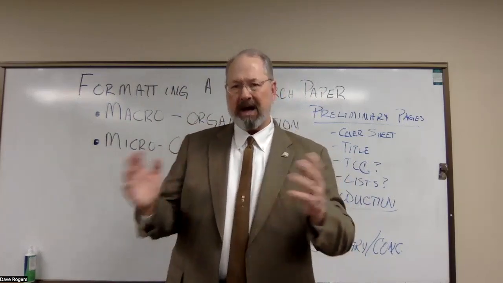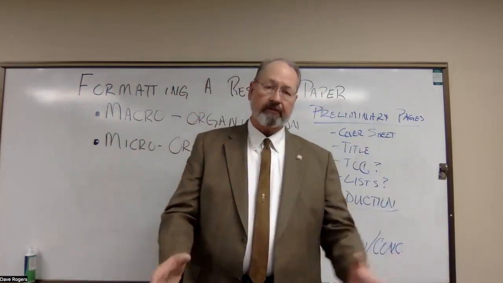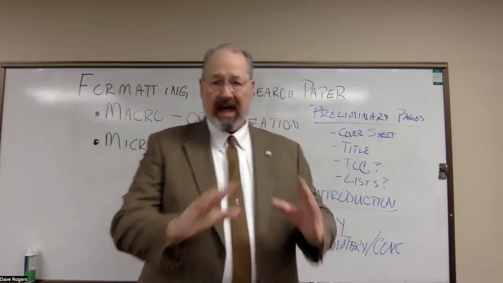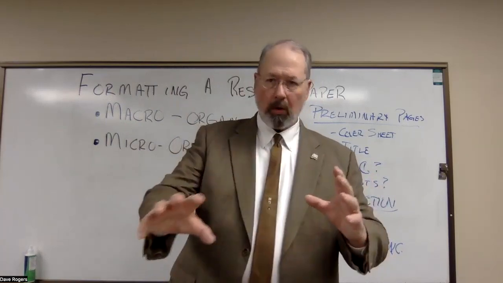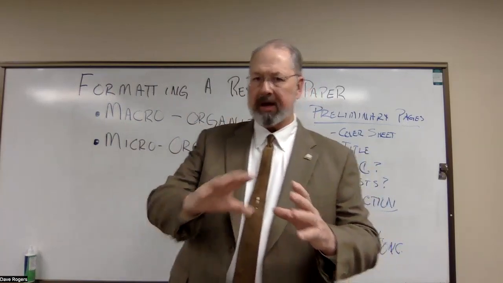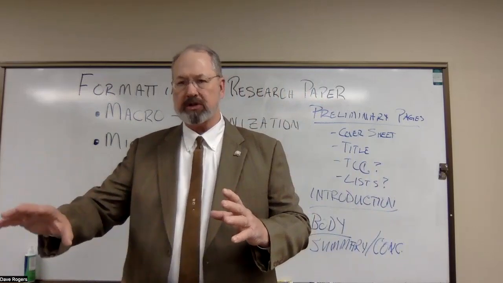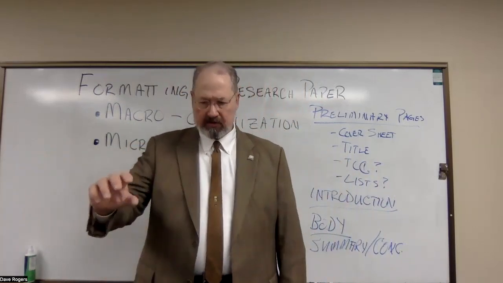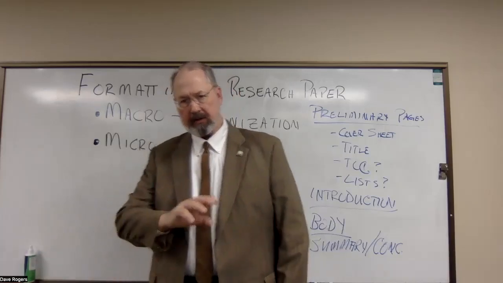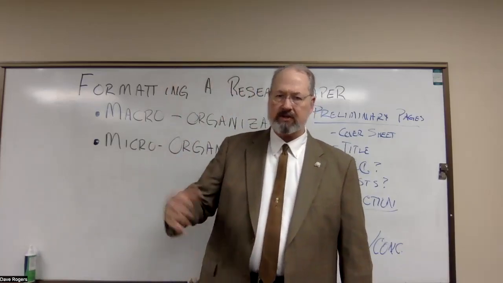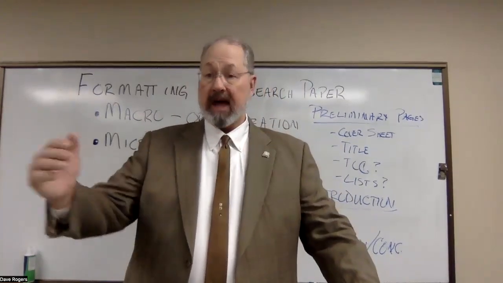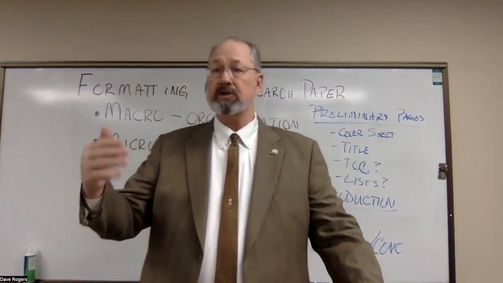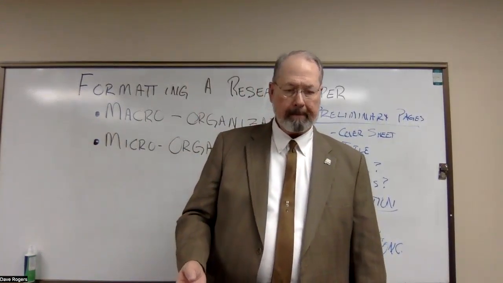If you take all of your information for your research paper and lay it out with that outline, here's point number one, and you're just going to make that first point in a single statement, a sentence or two, and then all the things that relate to point number one, a sentence, a sub-sentence, another sentence, another sub-sentence, and so forth, then that would be your first section of the body of your research paper, or your first chapter if it's a longer paper.